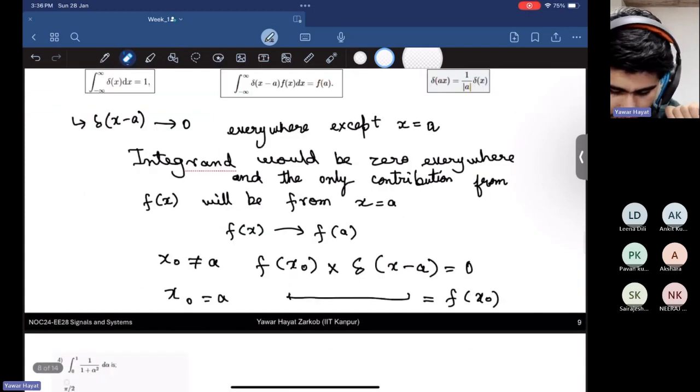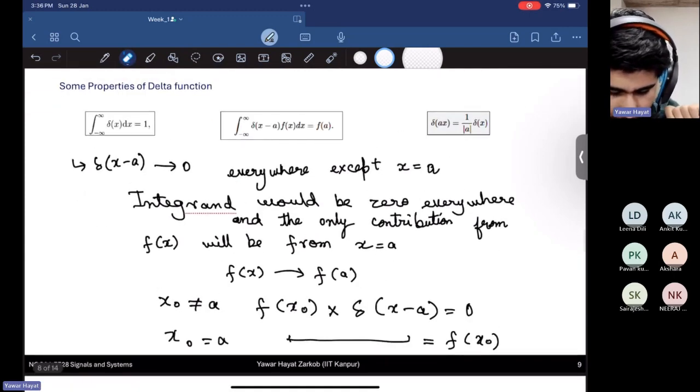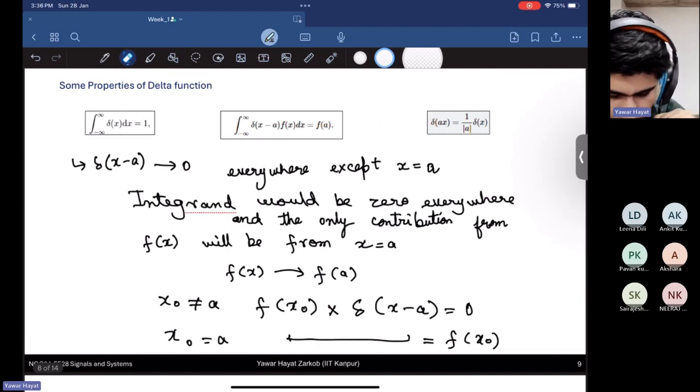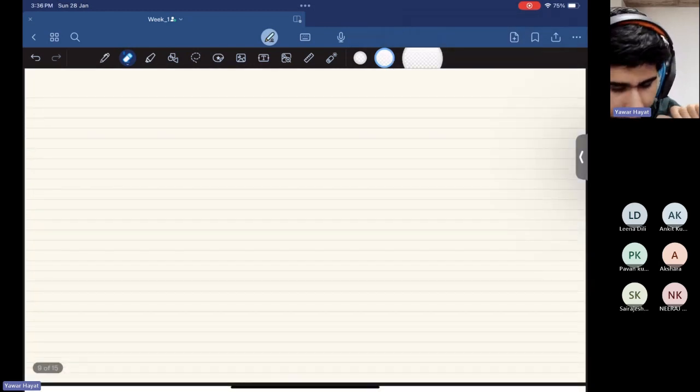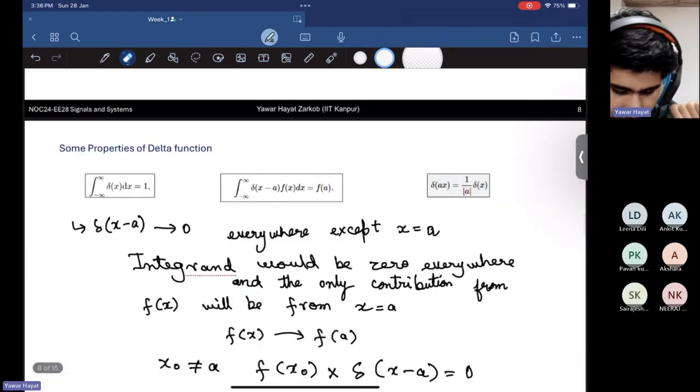Now coming to the other property, which is also an important property: delta of ax is 1 by modulus of a times delta of x. I want you all to attempt this property.